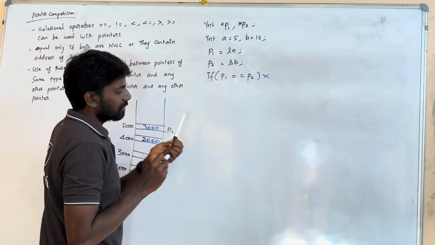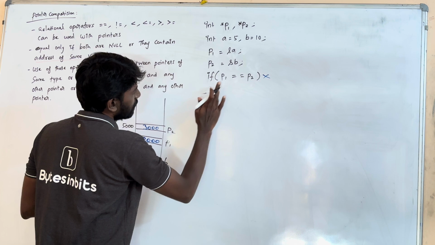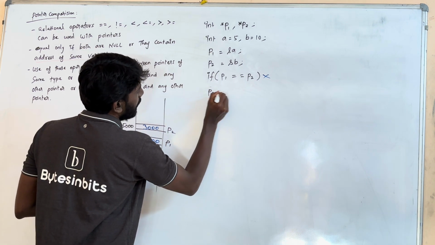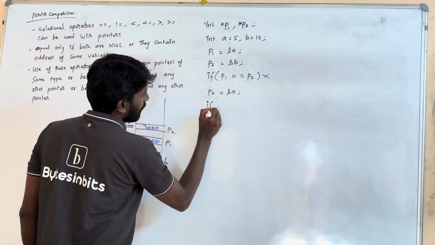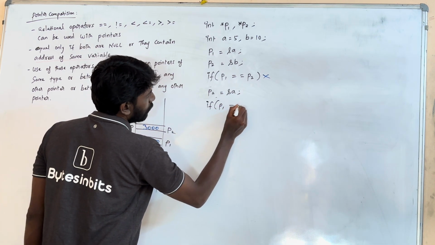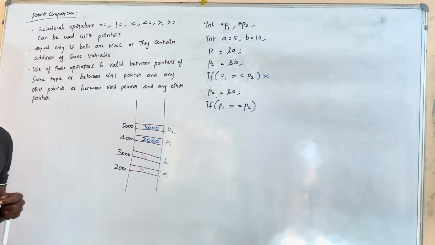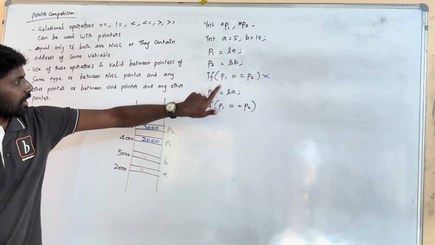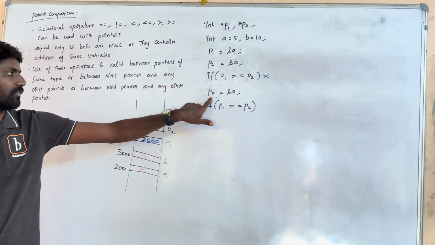If suppose P2 is equal to ampersand a, and after that I am comparing P1 equal to P2, will it be true or false? True. Now it will be true because P1 is also having the address of a and P2 is also having the address of a.